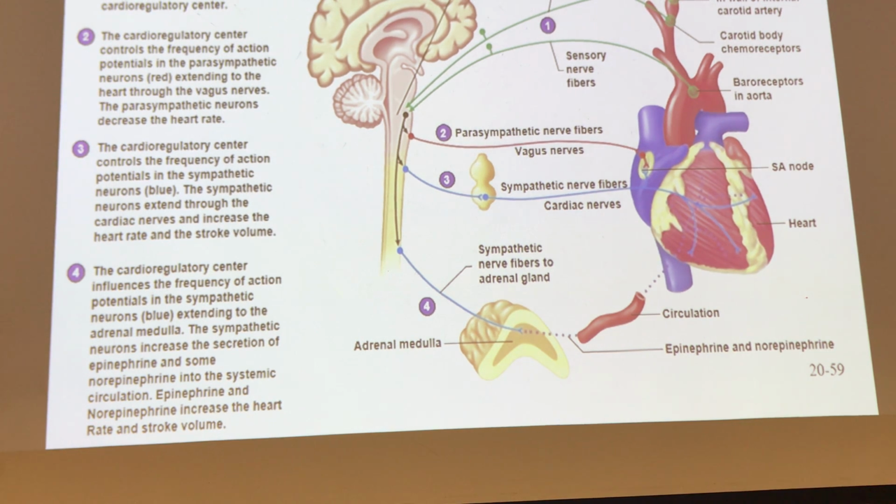The problem is the actual sympathetic or parasympathetic nervous system that goes to the heart. The parasympathetic can only do one thing. It only goes to the SA node. So in response to high blood pressure, it actually does one thing, and that is to lower your pulse. That's it. It can't lower your blood pressure.